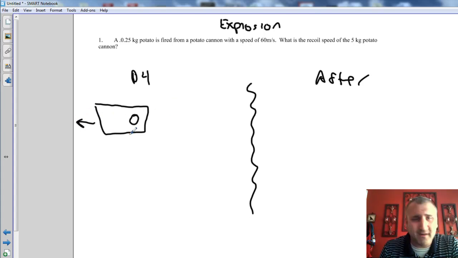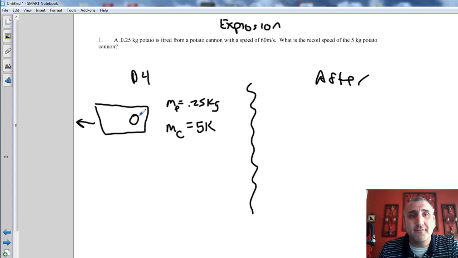So, what we know is the mass of the potato is 0.25 kilograms. We know the mass of the cannon is 5 kilograms. And we know before it's even fired, the velocity of both should be 0.